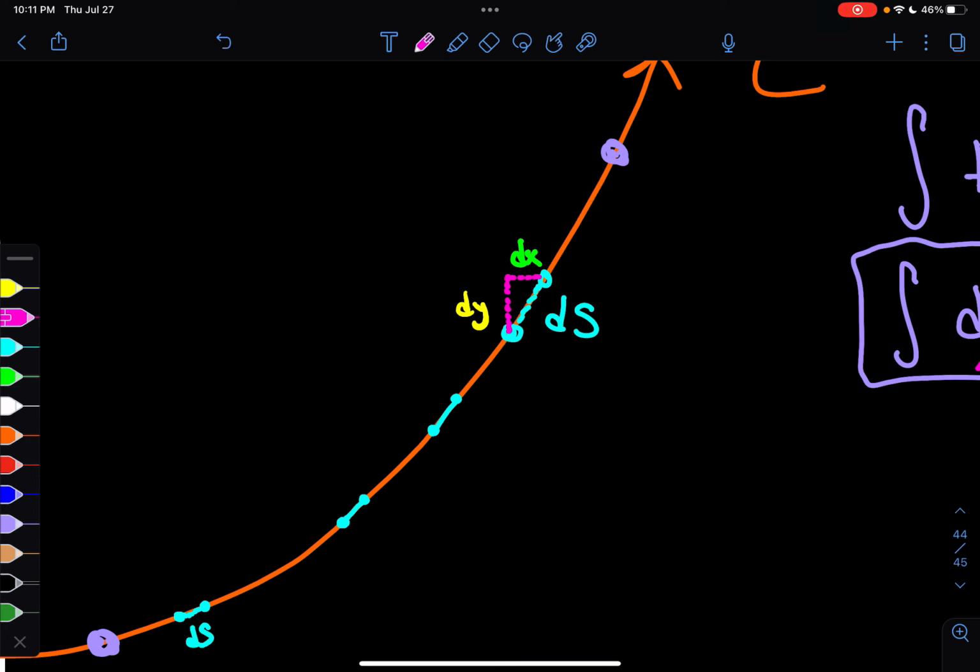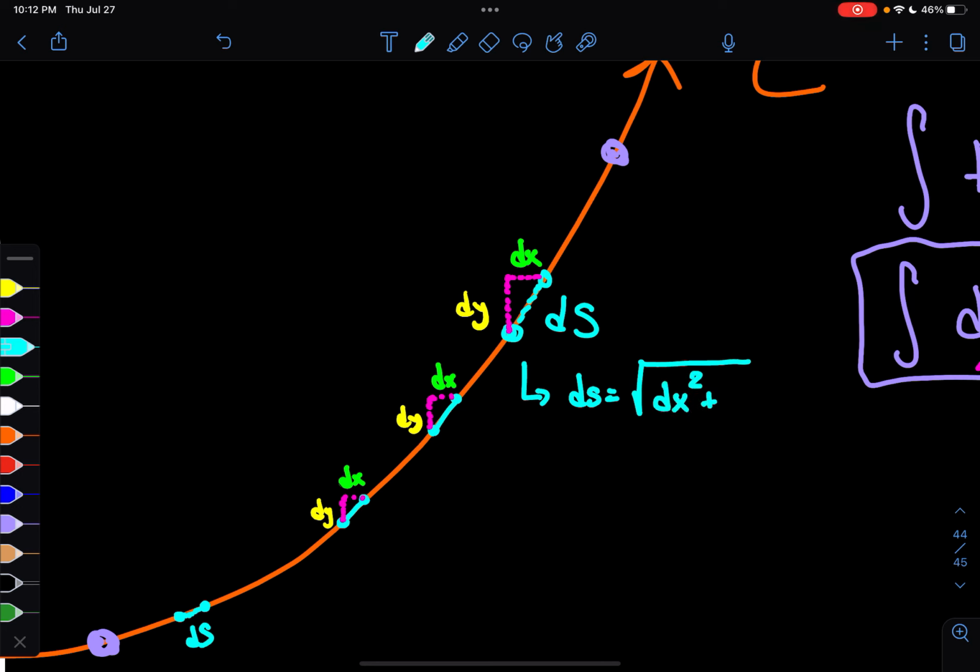And that would be the same no matter where we are grabbing our ds from, right? The dx and the dy will change depending on where we are on our curve. Okay? And the idea is that, okay, that's not too bad. So what is ds? Well, ds, using the Pythagorean theorem, was just equal to the square root of dx squared plus dy squared, okay?